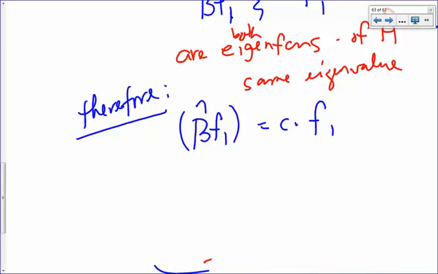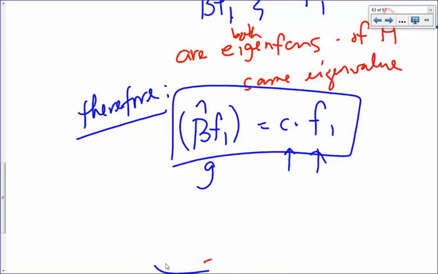So you can write G as just some constant times F1. So what we just did here is we've proven that B hat operating on F1 gives you back another constant times F1. And this constant, we can call that B1 if you want. So they're not linearly independent.